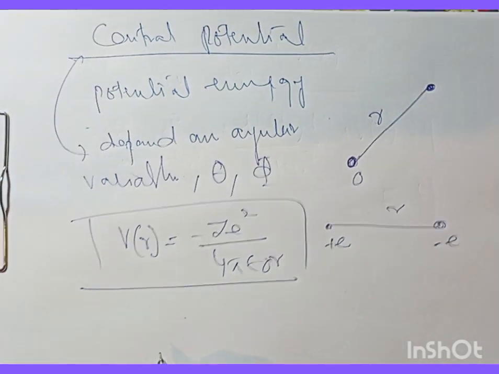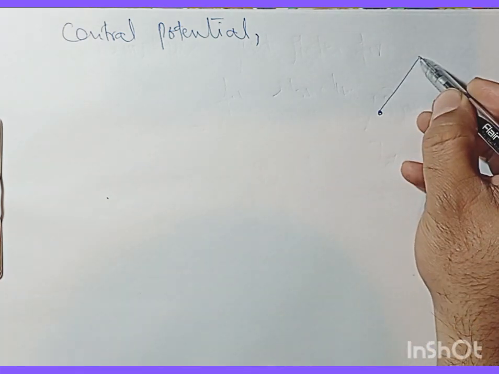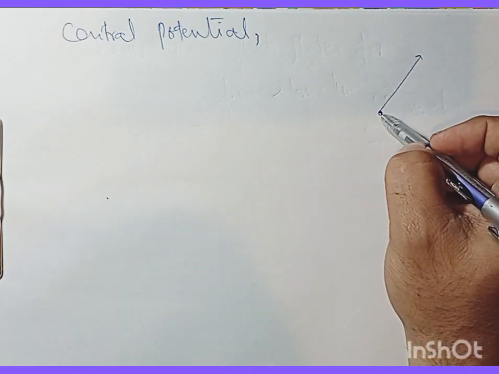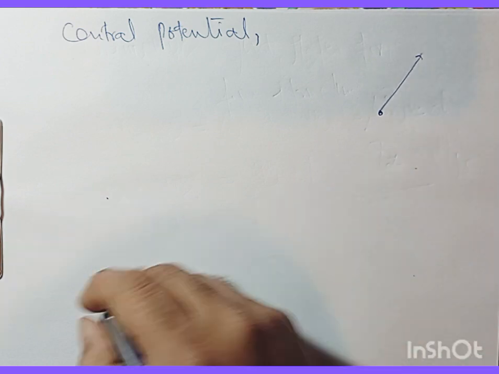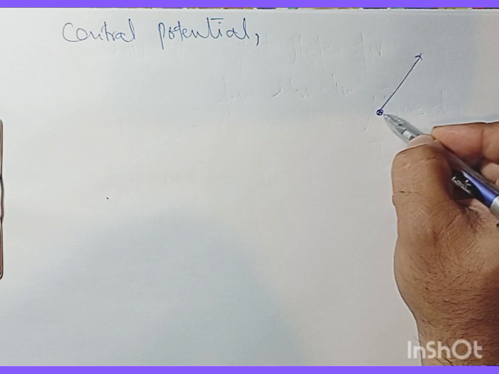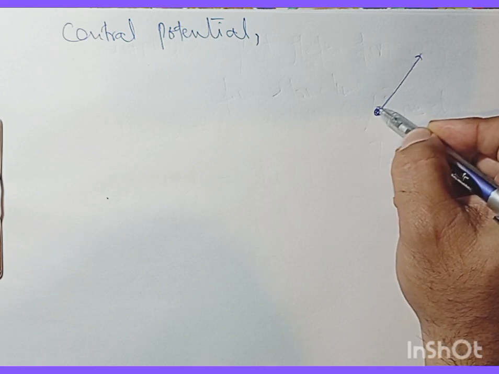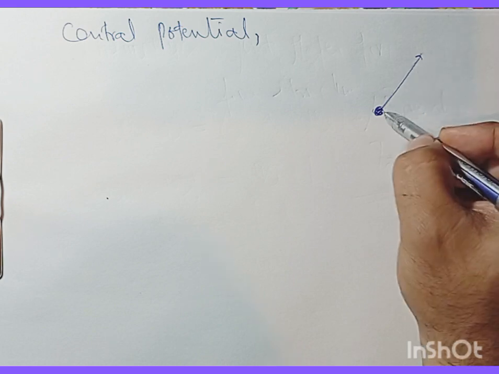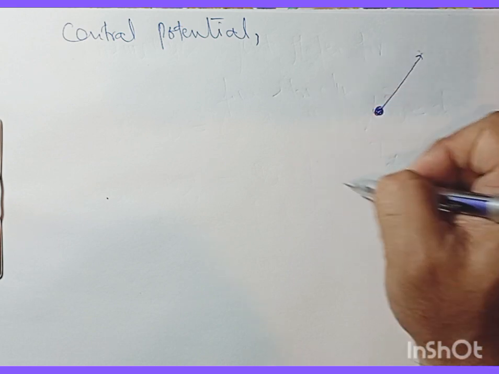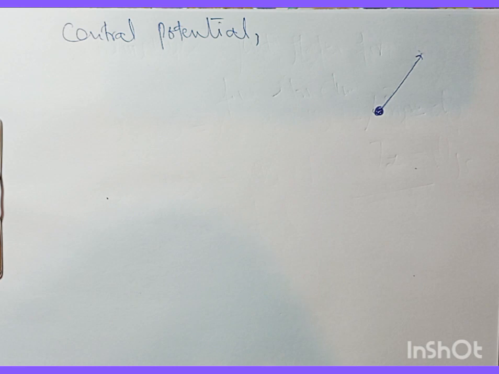So central potential means that if I assume this is the position vector, a person at the origin of the central potential will face the same situation everywhere surrounding him.